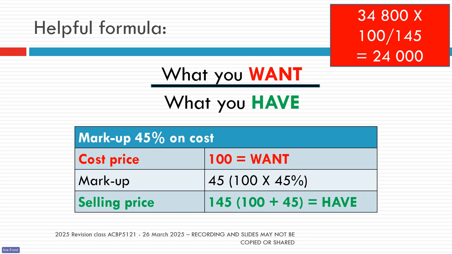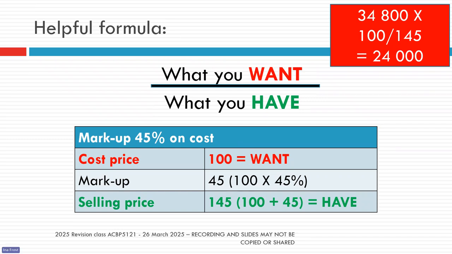And so that gives me the cost price of 24,000. When the markup is on the cost price, the math is very similar to the math we use for our VAT calculations. So these formulas work the same as our VAT formula, if the markup is on the cost price.